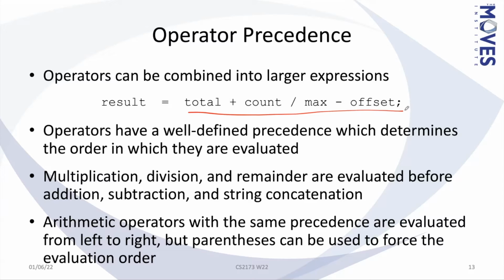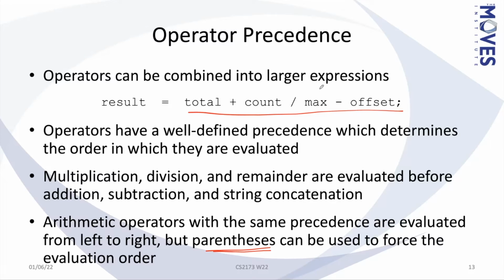Now, it's important to understand the operator precedence. Multiplication, division, and remainder are evaluated before addition, subtraction, and string concatenation. So that's what you need to remember. And arithmetic operators with the same precedence are evaluated left to right. But this is kind of the key: when you have more than one variable or quantity in your expression, always use parentheses to express your programmer's intent.